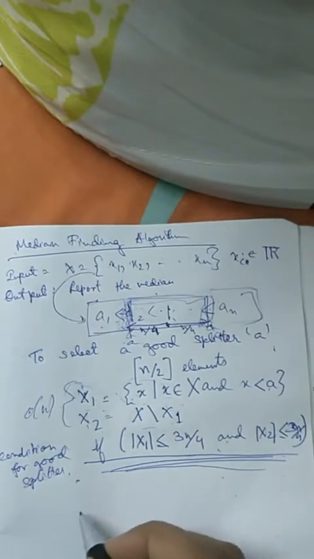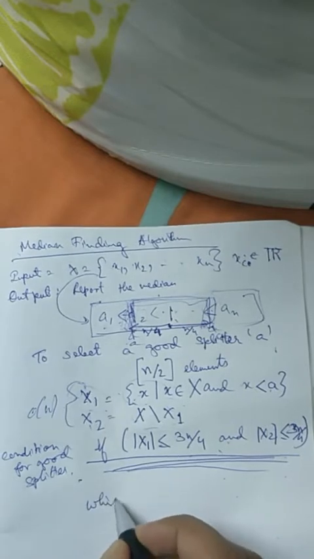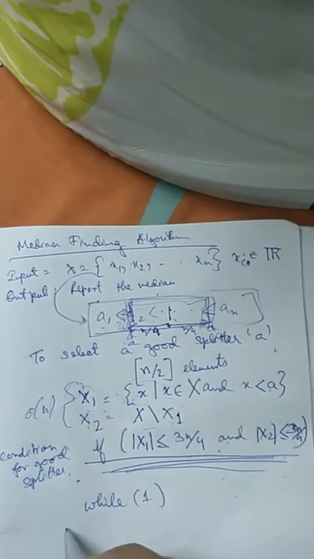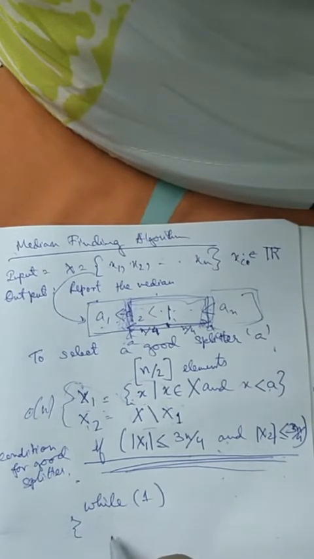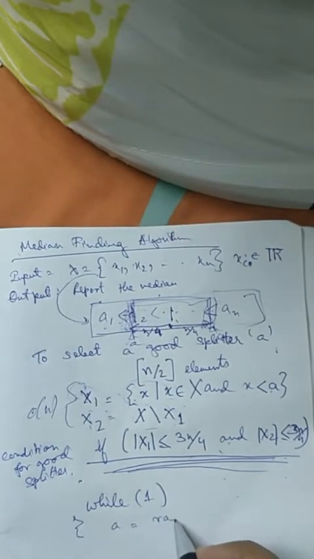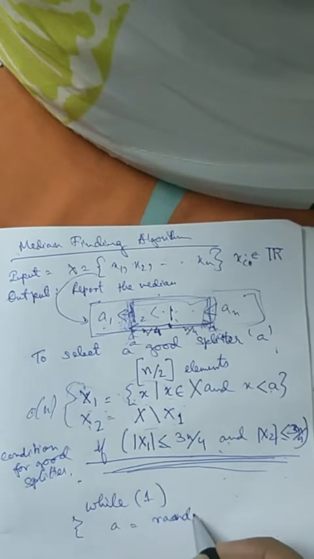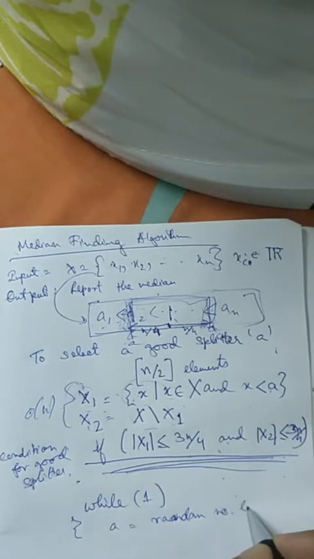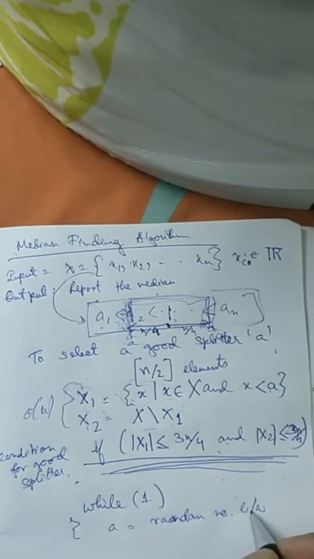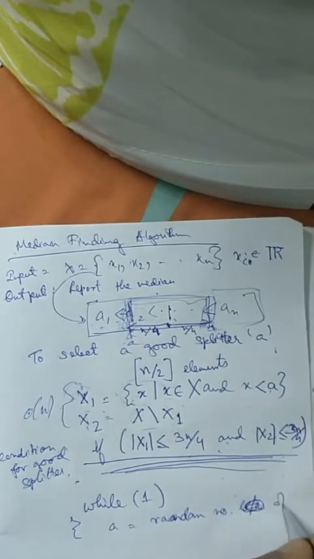So our algorithm will be pretty simple. While 1, we find a good splitter: a is equal to some random number of x.